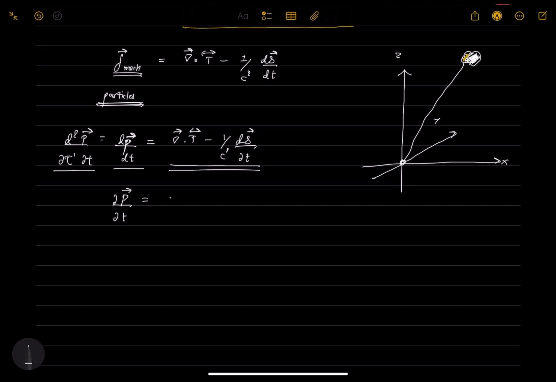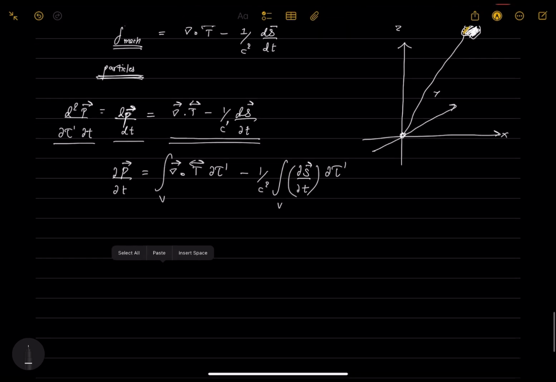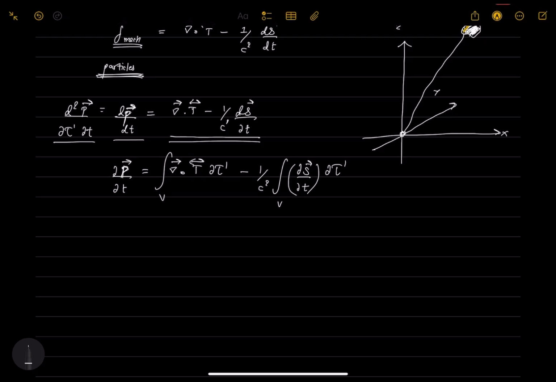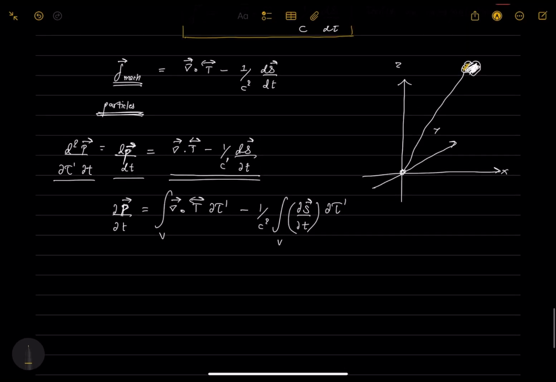So we're going to take the volume integral of the divergence of the stress tensor, minus 1 over c squared, and the volume integral of the time derivative of the Poynting vector everywhere in space. All right, so this gives the rate at which the mechanical momentum stored in a particular volume changes.